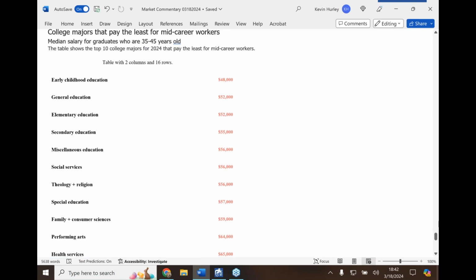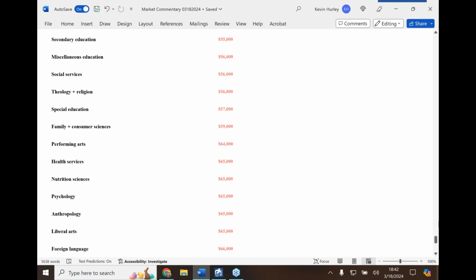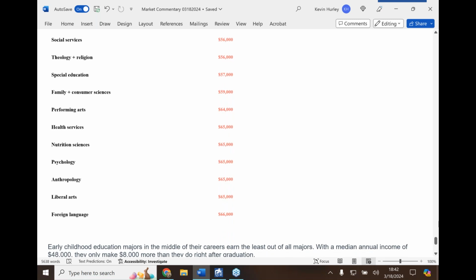Then for mid-career workers who graduated, early childhood education or education in general is at the low end, meaning general, elementary, secondary, and miscellaneous education, social services, theology and religion, special education, family and consumer sciences, performing arts, health services, nutrition sciences, psychology, anthropology, liberal arts, and foreign language.